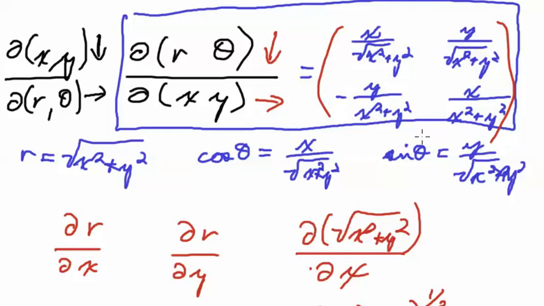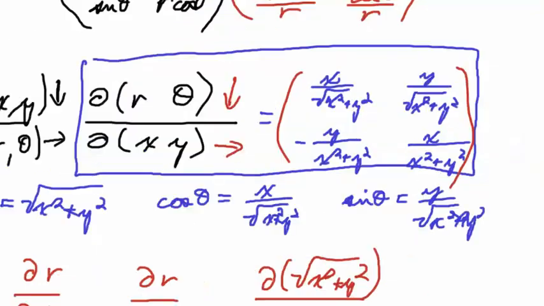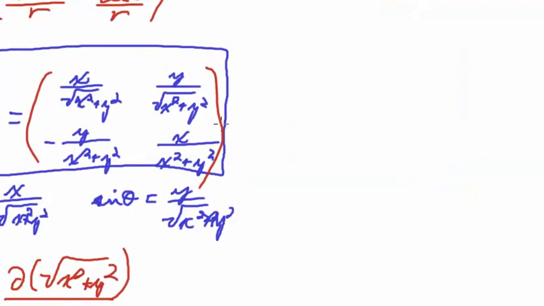Y over square root of x squared plus y squared. If we expressed all of these in terms of r and theta, this is cosine theta. This is sine theta. This is negative sine theta over r.